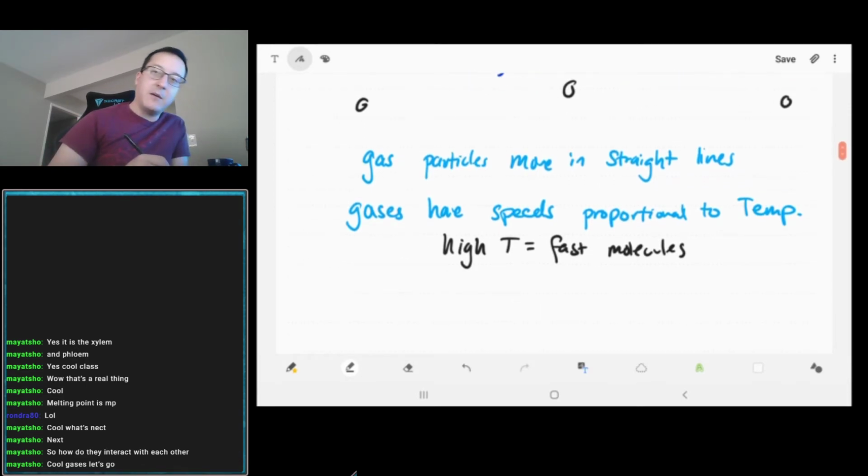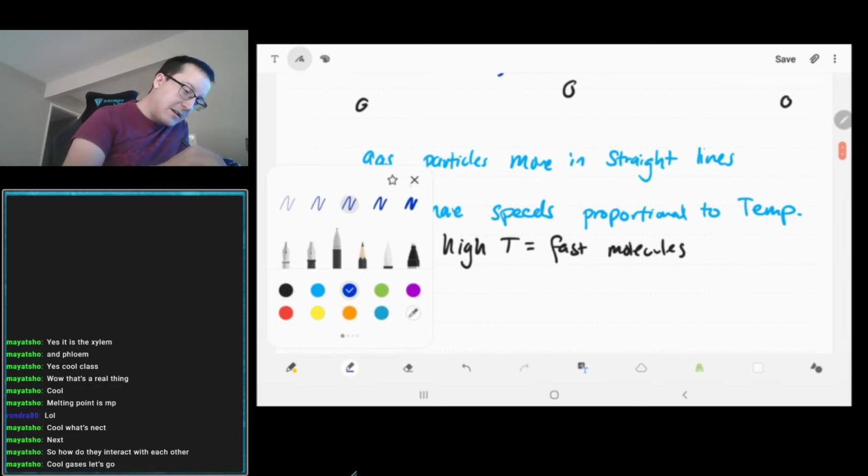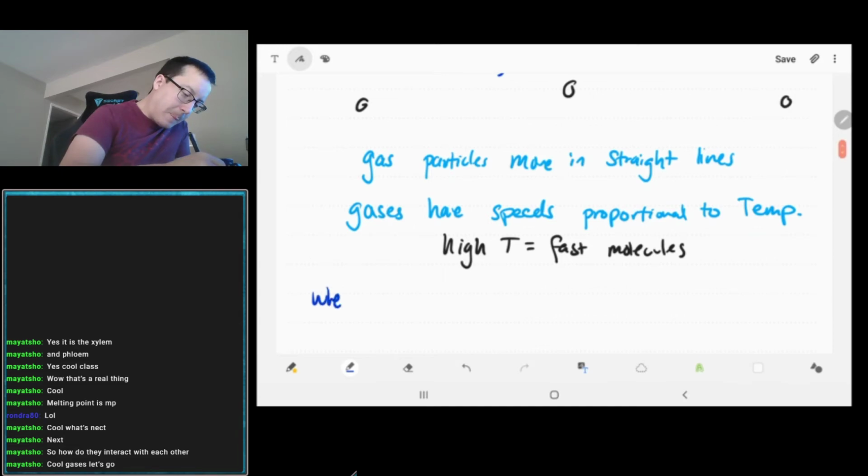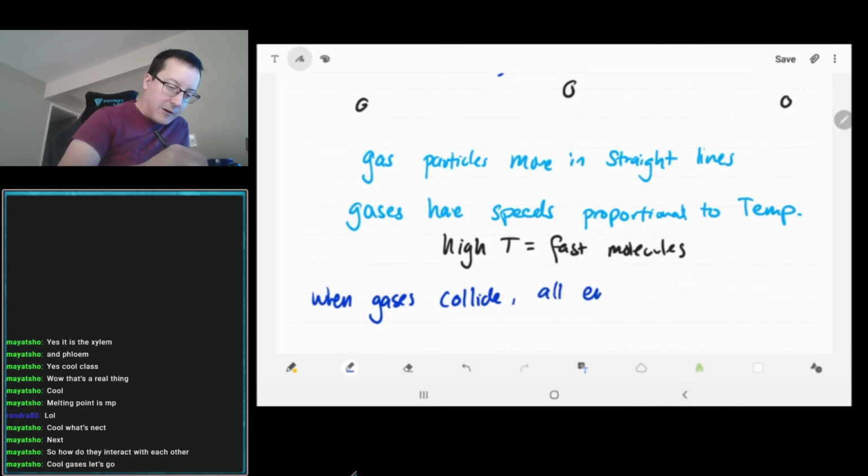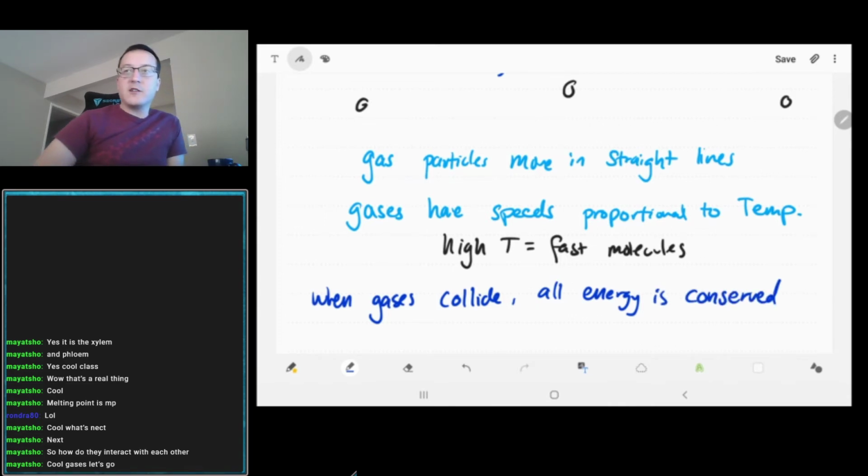Alrighty, so we have one more thing that we think about with gases: when gases collide, all the energy is conserved. That's kind of the weirdest one. This is more of a physics thing, I suppose.